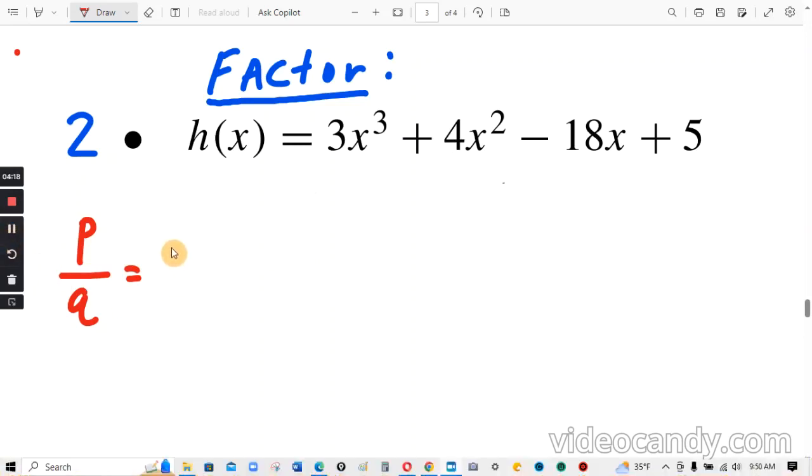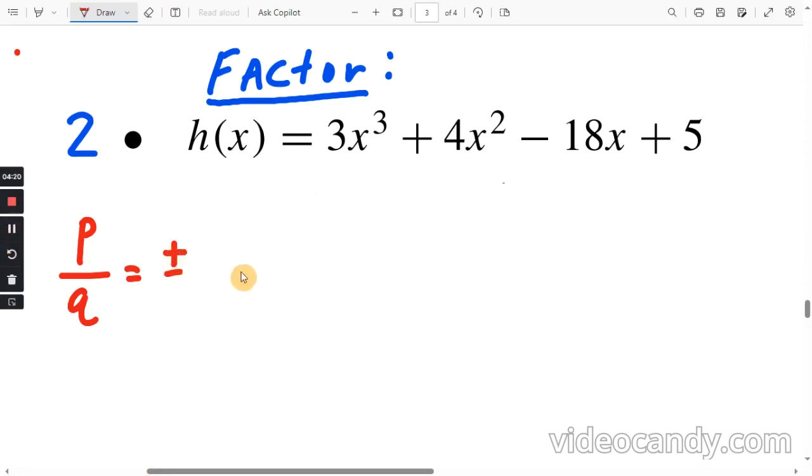As always, you start out with a plus minus. The numerator is going to be the factors of the constant term. That's positive 5. What times what is 5? The only thing is going to be 1 times 5. And the denominator is going to be the factors of the leading coefficient.